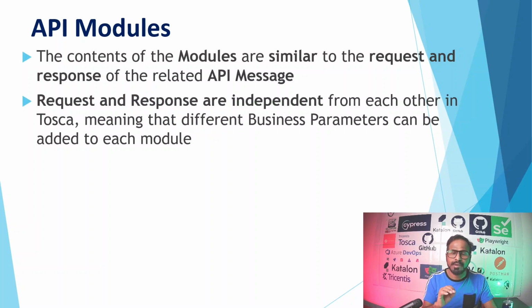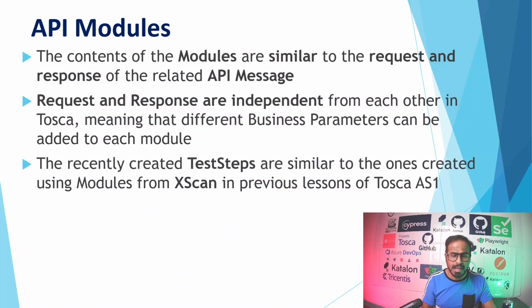So if you want to automate a request message, you can add your own business parameters for the request message. If you want to automate a response message, you can add your own business parameters in your response message.